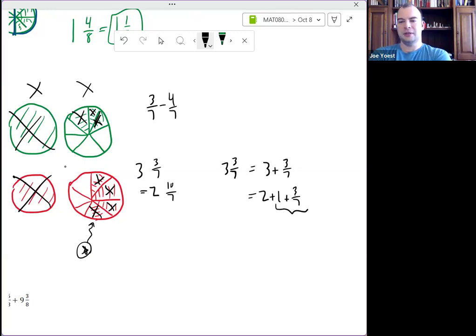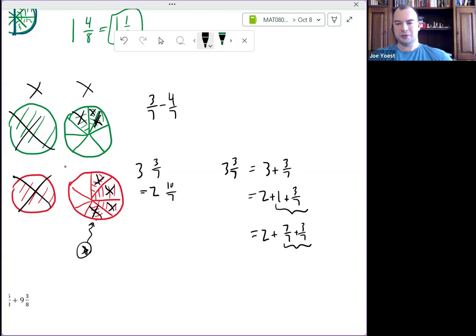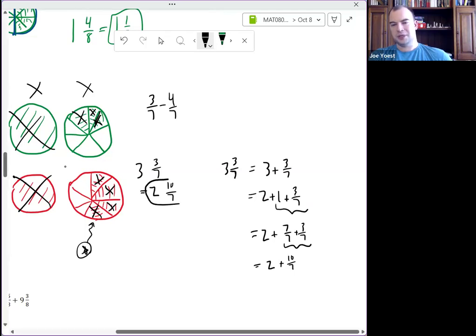And I could ask, if I look at just that 1 plus 3/7, how could I write that in terms of a common denominator? Well, 1 would be 7/7, and 7/7 plus 3/7 is 10/7. So 2 plus 10/7 is just 2 and 10/7. I could write 3 and 3/7 as 2 and 10/7.